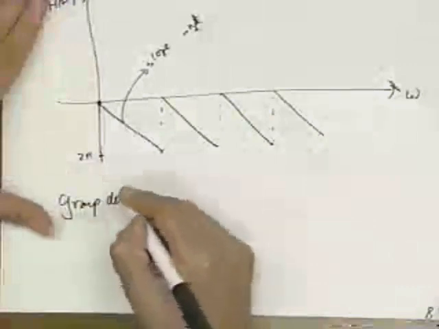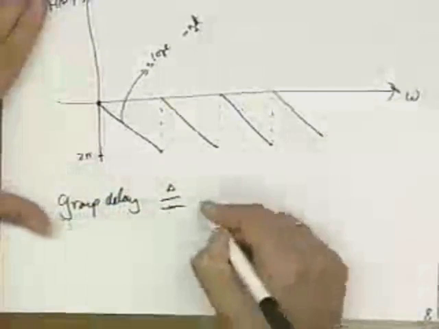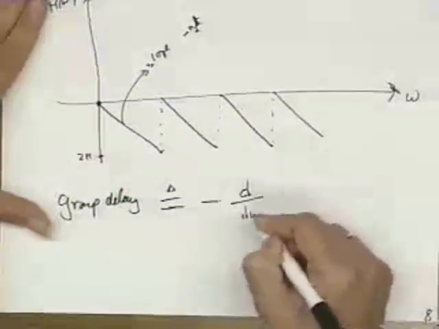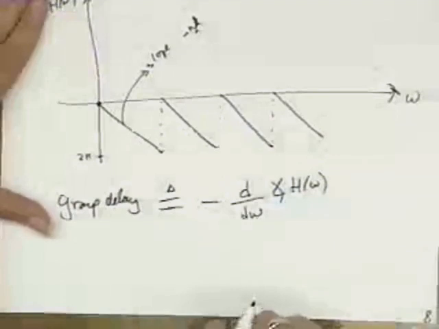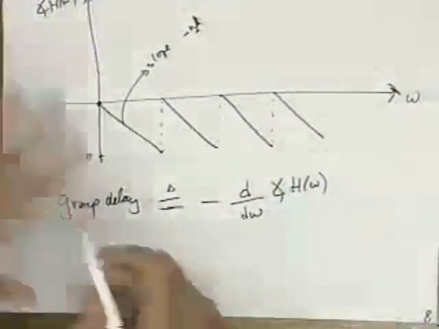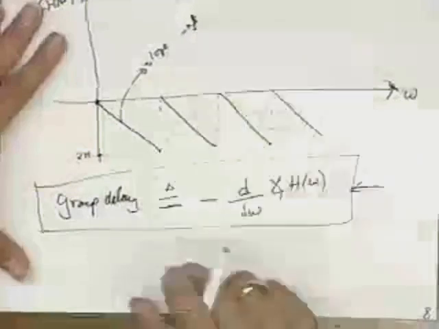I can also talk about a new notion called group delay. I define the group delay of a filter, with a little triangle here, as minus the derivative of the phase of H of omega with respect to omega.